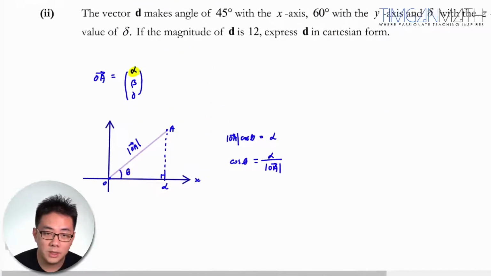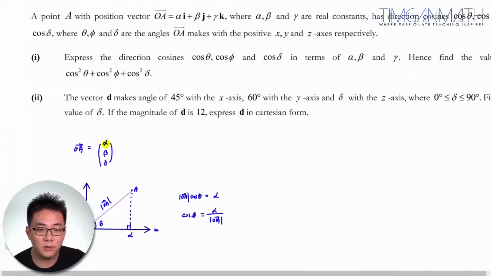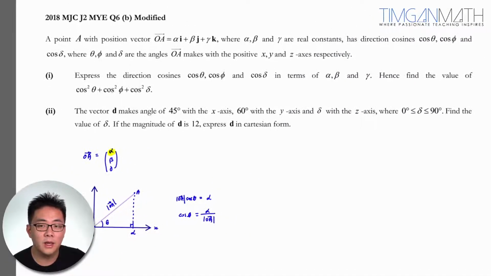So the angle between the vector and the x-axis is theta, and this is what we gather. It shouldn't take too long to realize how to find the direction cosines in terms of alpha, beta, and gamma.